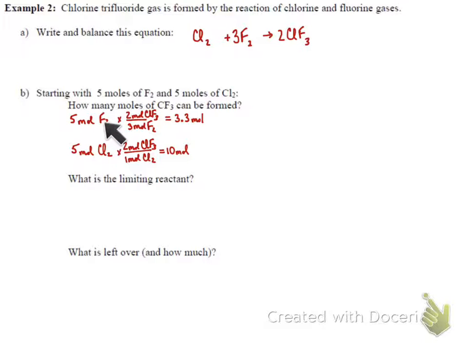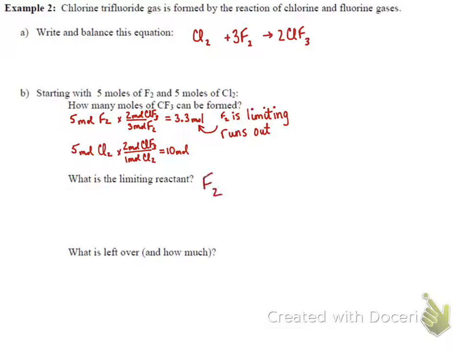It's just like the syrup in our example. Once the fluorine's gone, we can't make any more. So 3.3 is the most we can possibly make. That's our theoretical yield. The 10 here doesn't actually mean anything. It's a number that tells you that the 3.3 is the right number.